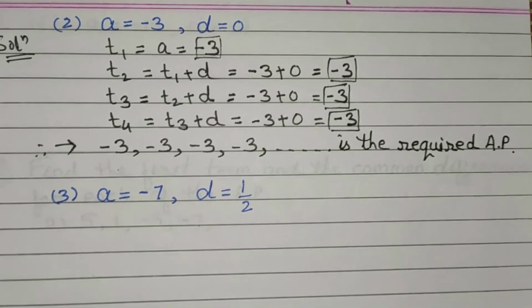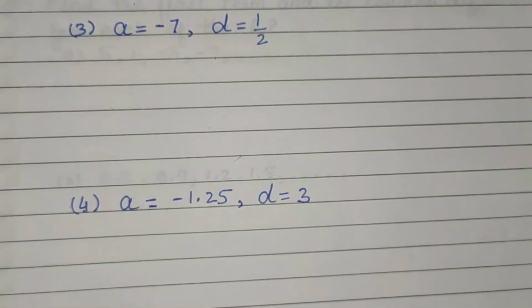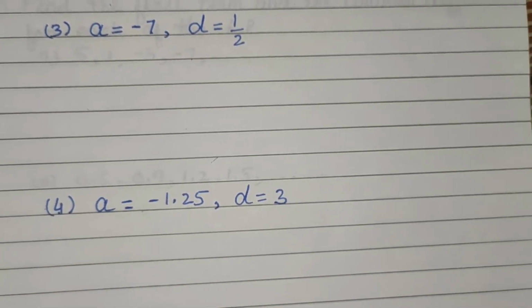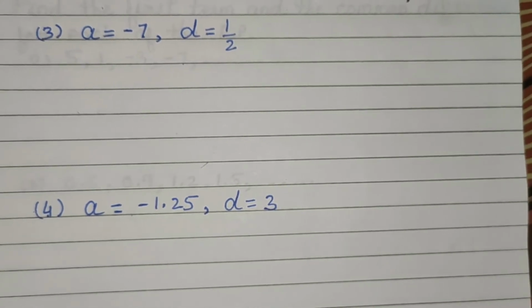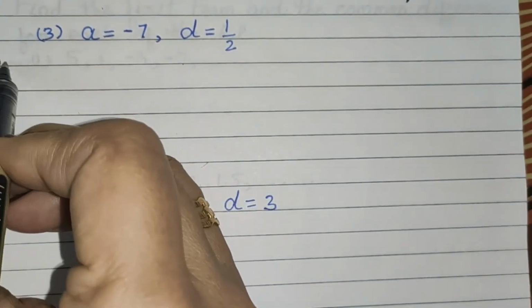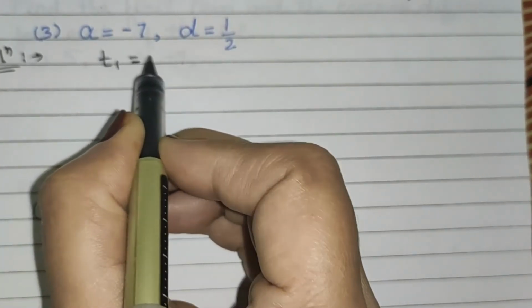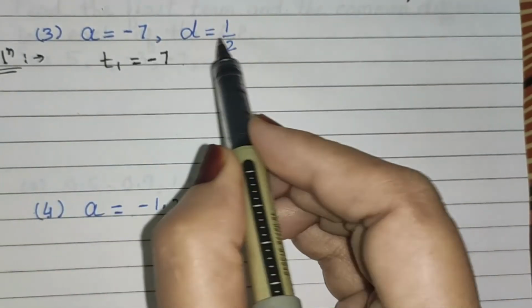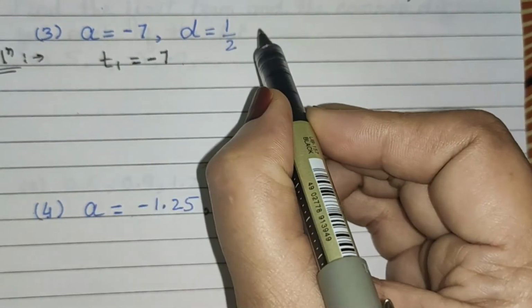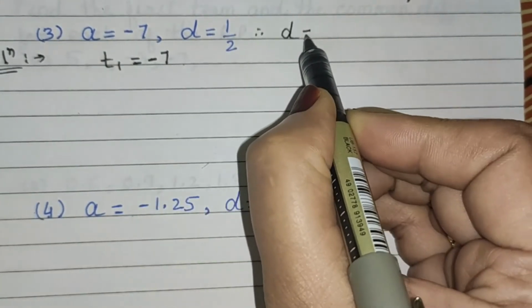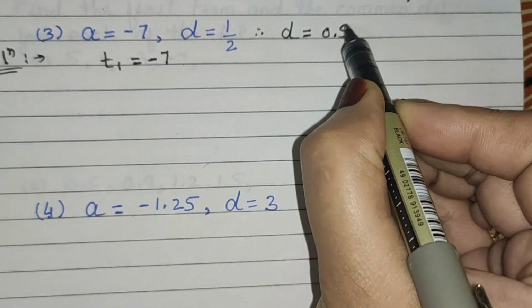Now, next one is the value of a is equal to minus 7 and d is equal to 1 upon 2. Therefore, first term T1 is equal to minus 7. Now, the value of d is equal to 1 upon 2. Therefore, it can be written as 0.5.